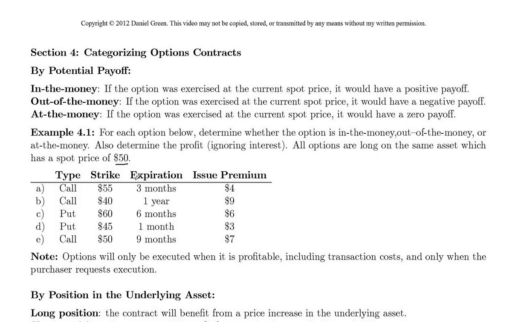First we're looking at a 55 strike call with an expiration of 3 months. Actually, the expirations are not going to play into the problem because we're ignoring interest. All that matters is the strike, the spot price, and the premium.